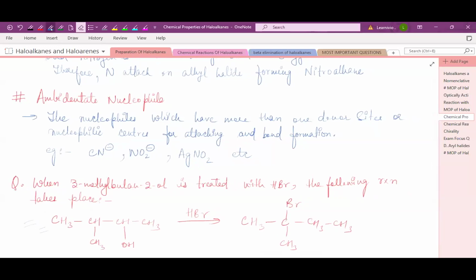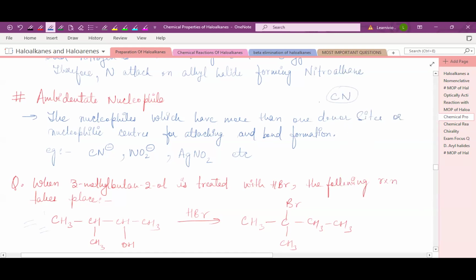What is ambidentate nucleophile? Those nucleophiles which have more than one donor site or nucleophilic center for the attacking and the bond formation. Suppose cyanide, CN. In this cyanide, it can attack from the carbon side, and it can also attack from the nitrogen side.